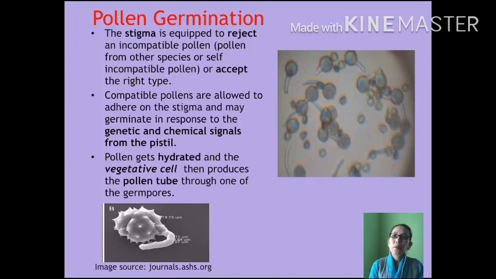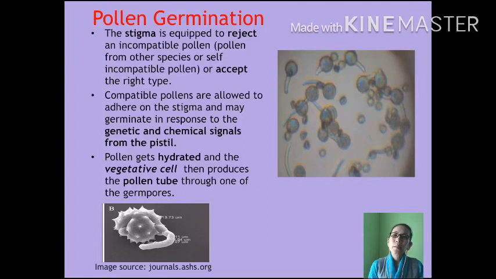Pollens which are of the right type, or the compatible pollens, are accepted by the stigma, and the stigma then secretes various chemicals such as sugars, proteins, lipids or enzymes which attract the pollen tube and thereby promote pollen germination.